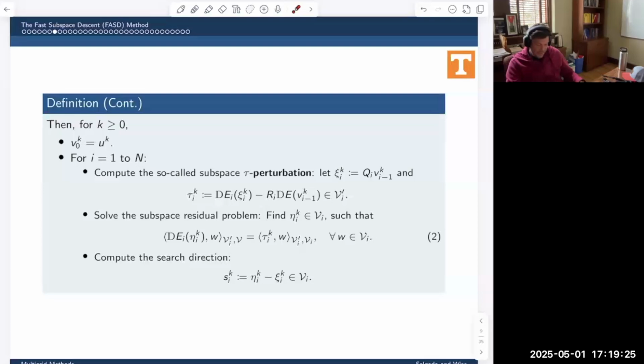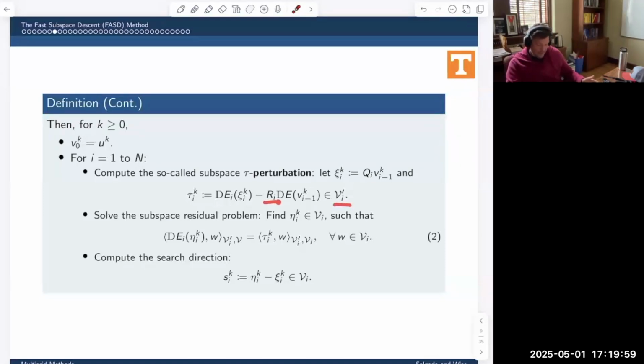This is still like something which looks like, well, actually the residual is going to be minus the derivative of the energy evaluated at the previous best guess. And now what I have to do is this is an object in VI prime, right? Because EI is an object in V acting on VI, so its derivative is in the dual space of VI, what we call VI prime.